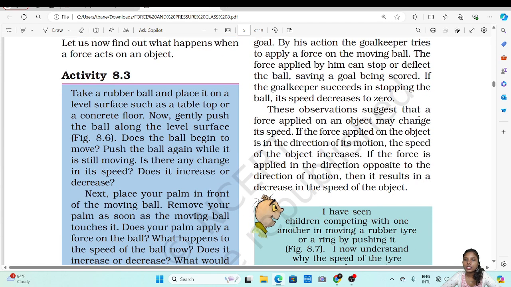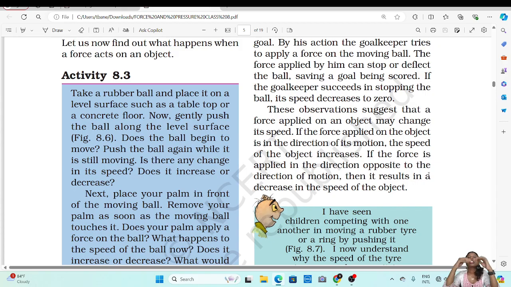These observations suggest that a force applied on an object may change its speed. If the force applied on the object is in the direction of its motion, the speed of the object increases. If the force is applied in the direction opposite to the motion, it results in a decrease in the speed of the object.